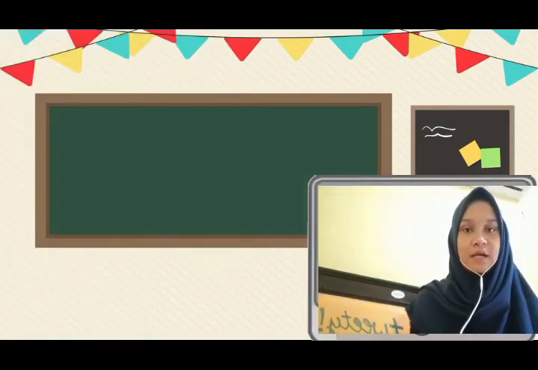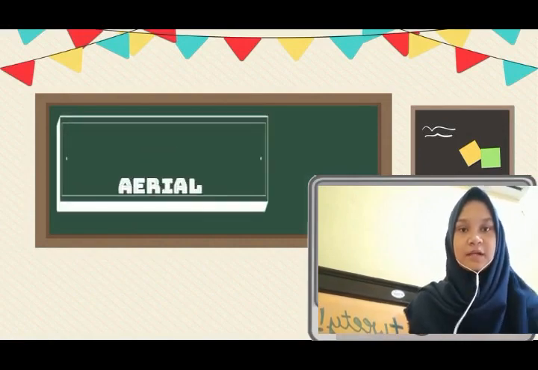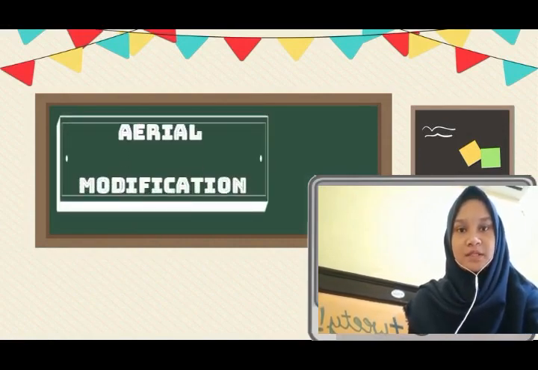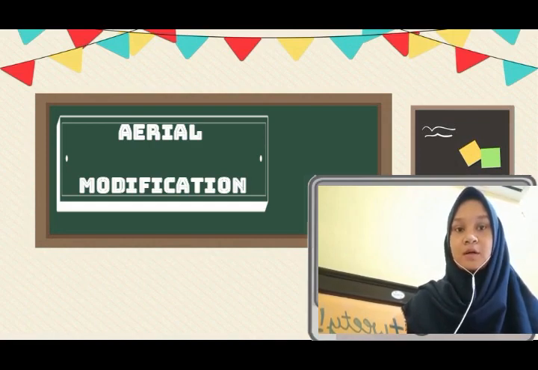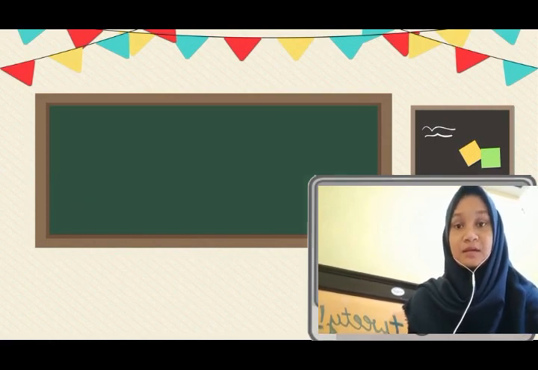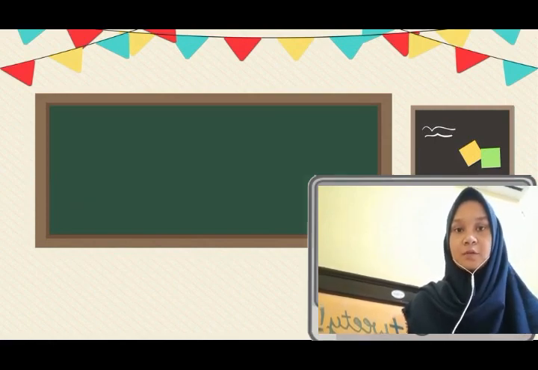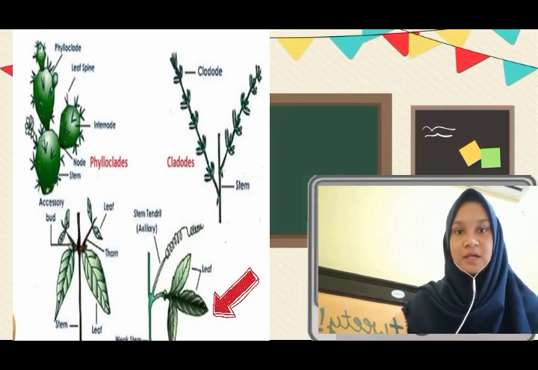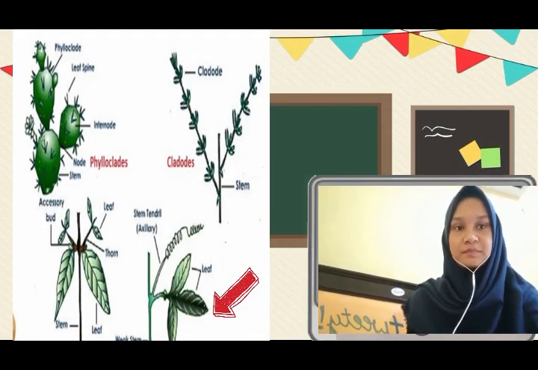I'm Fatimah Yulianti. I will explain about aerial modification of stem. The stems are modified into aerial forms to perform important functions such as climbing, food storage, vegetative propagation, and protection. The first type of aerial modification of stem is stem tendrils.